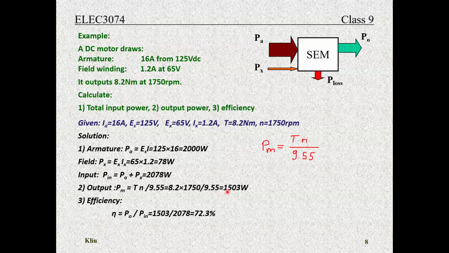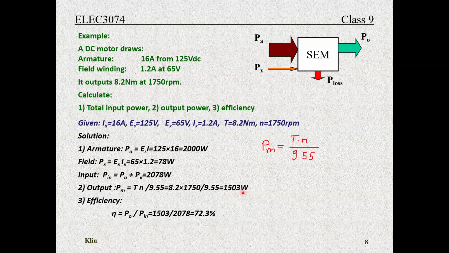So the output power with the torque that we measure and the rotations per minute, we got 1503 watts. We're putting in 2078 watts, and we're getting out of it the power that we're actually using, 1503 watts.